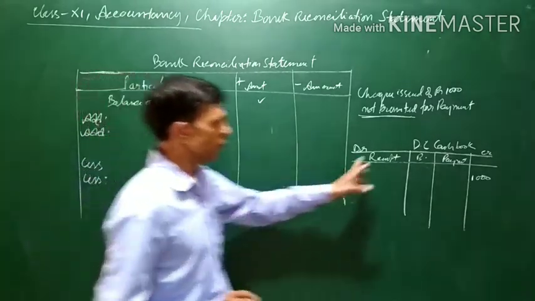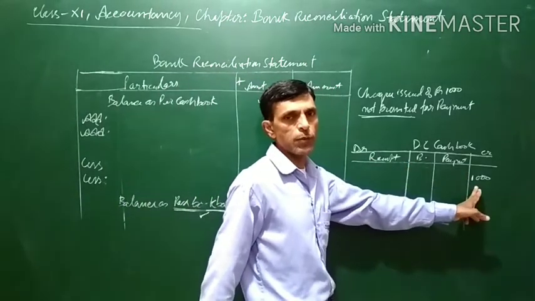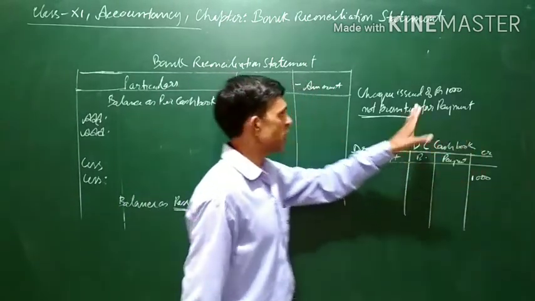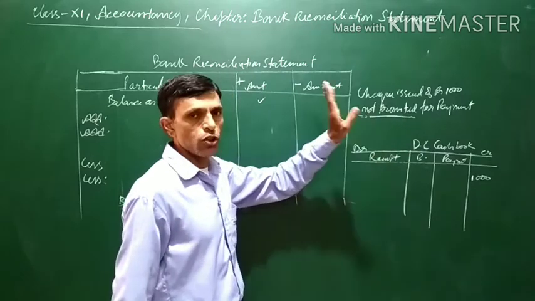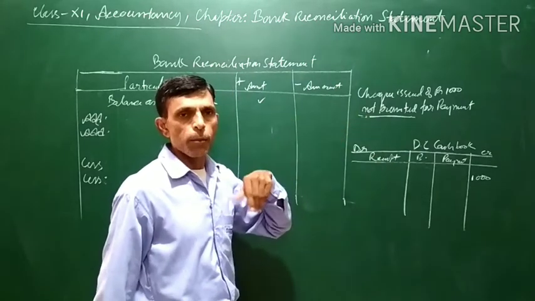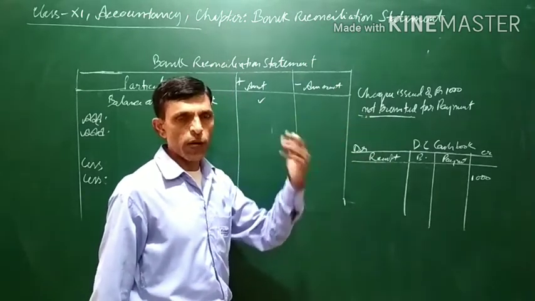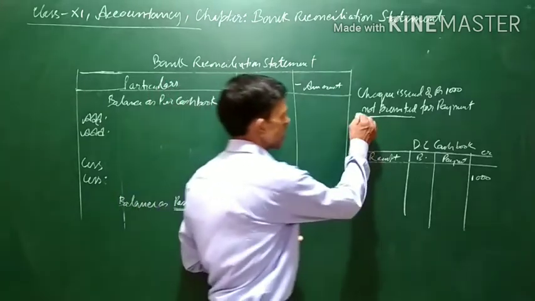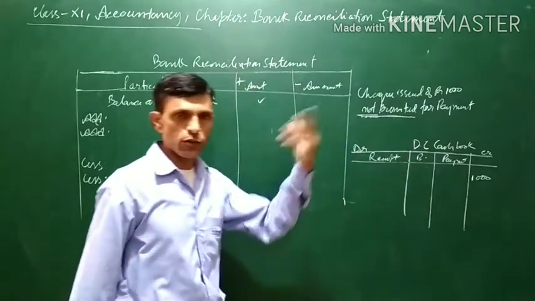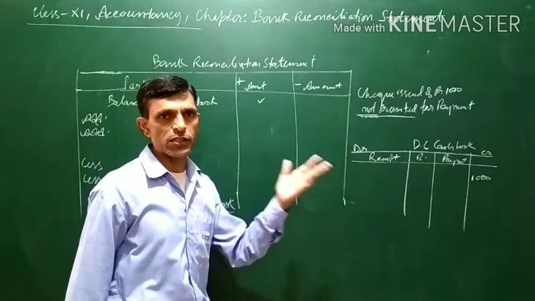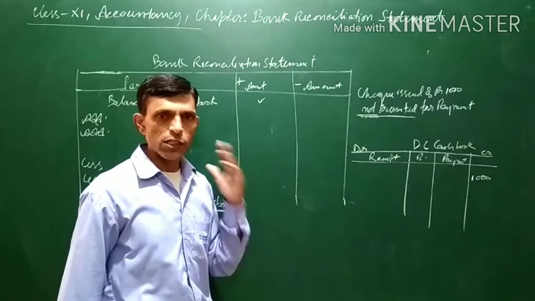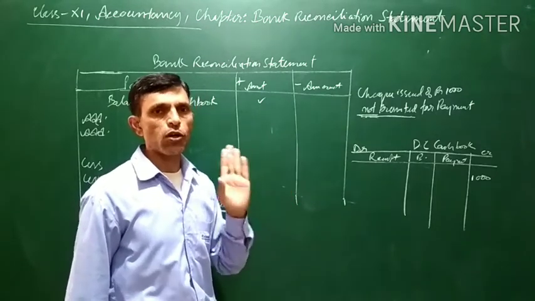Because although we have shown a deduction, a payment of rupees 1000, the person who got the check did not go to the bank to collect the money by presenting the check. So the check has not been presented. If you do not go to the bank and present the check, you will not get the money. It means our bank balance will not decrease.